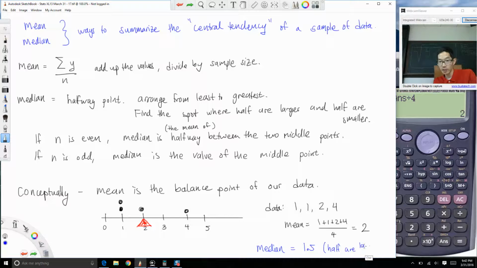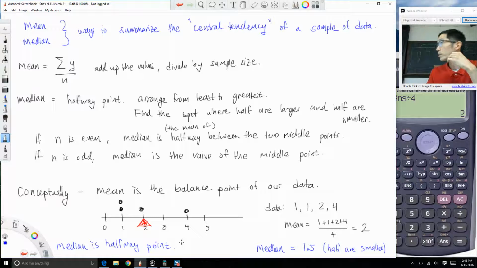So the mean is the balance point of our data, and the median is our halfway point. Are we okay with this?